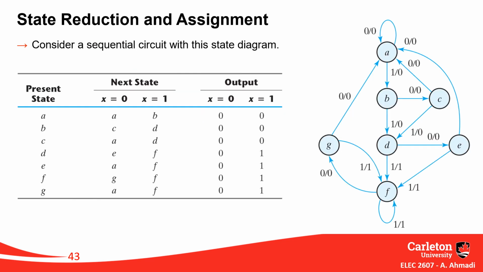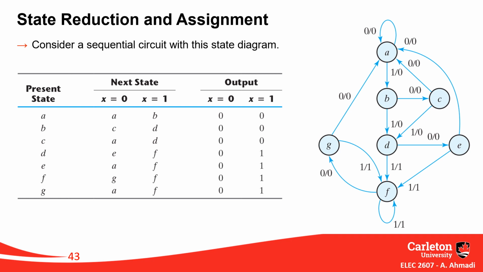As an example, look at this state diagram. You see we have A, B, C, D, E, F, G, right? Seven different states, and the transitions between the states have been transferred to this table. You see A goes to A or B to C and D for different transitions.